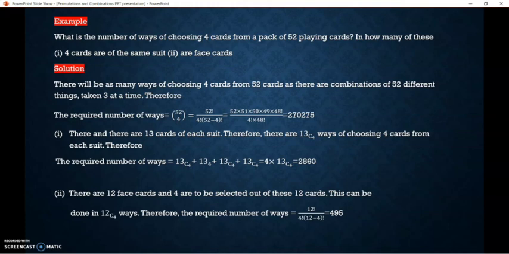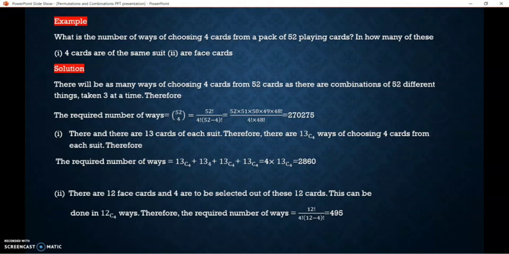Is this clear? And the third question is asked that how many of these four cards will be face cards, right? Or how many possible ways I can choose four cards which will be all face cards. Now, you need to get the point here is there are altogether 12 face cards, right? Each suit has three face cards, that is king, queen, and jack, right? So 12 face cards are there. In how many ways I can choose four face cards?